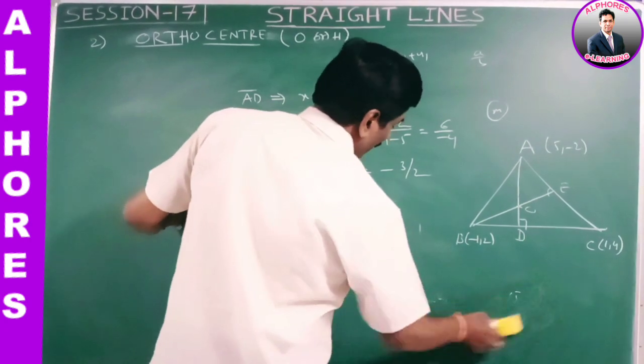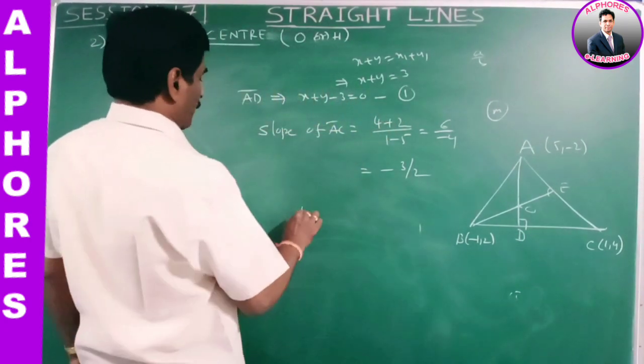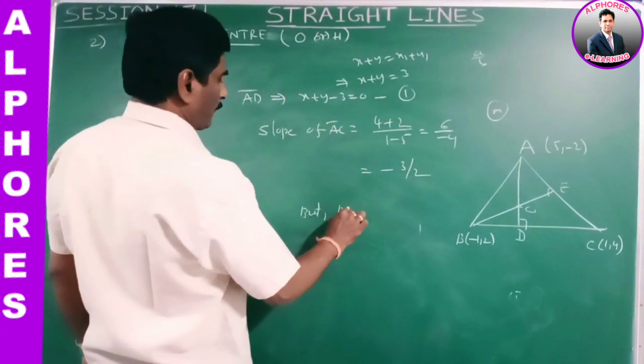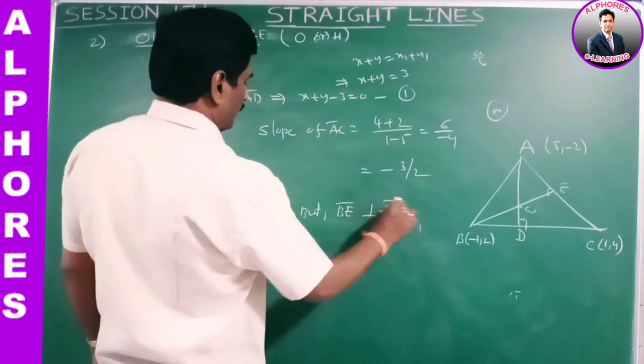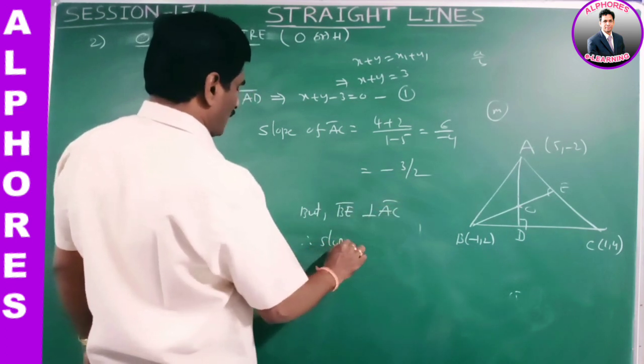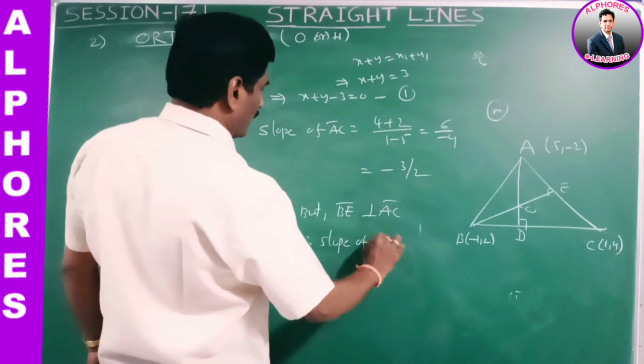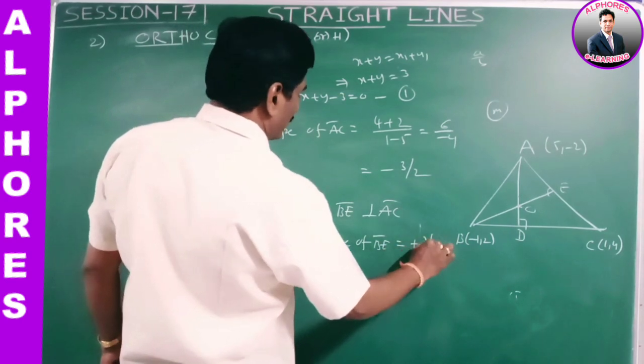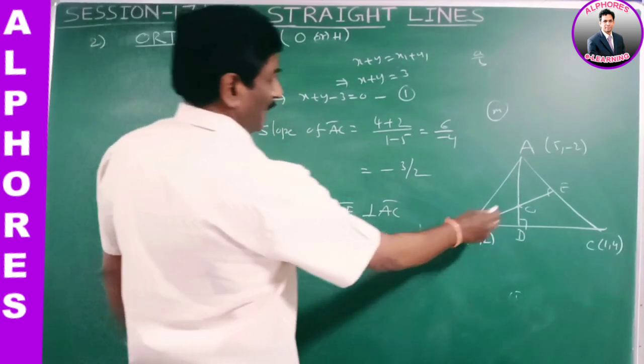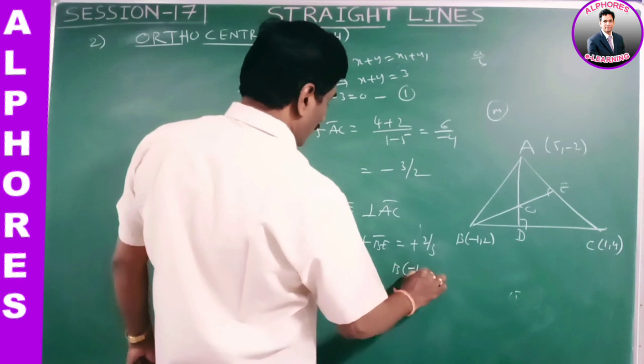But the required line is BE, and BE is perpendicular to AC. Therefore, the slope of BE is plus 2 by 3. BE passes through the point B minus 1 comma 2.